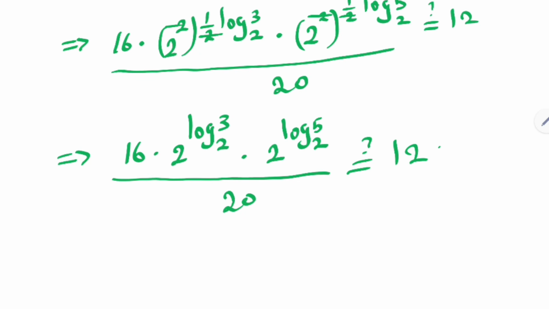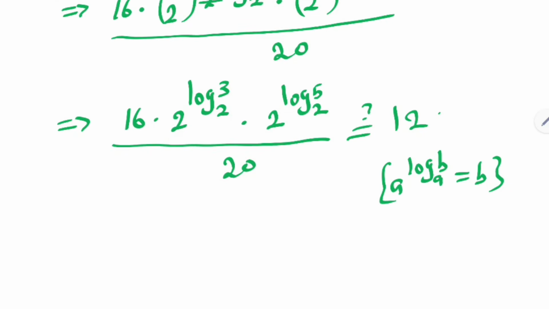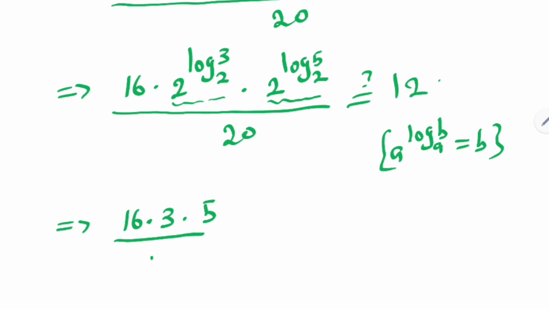Now, if you have a raised to power log b base a, this is equal to b. Now we have 16 multiplied by 3 multiplied by 5 divided by 20 must be equal to 12.